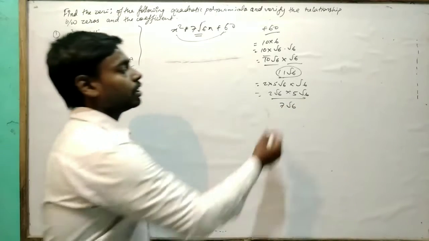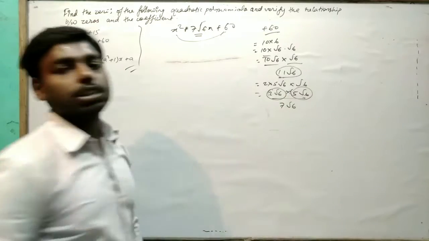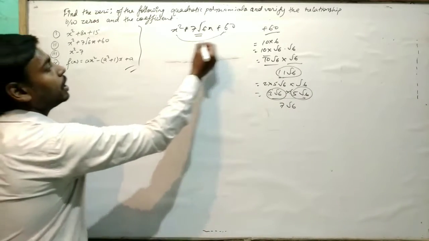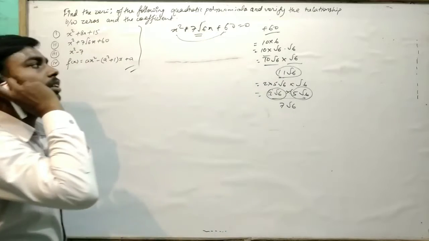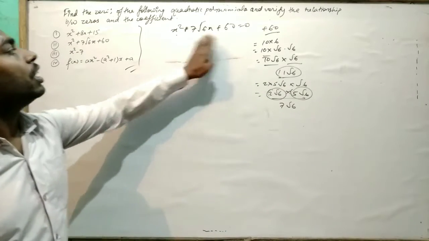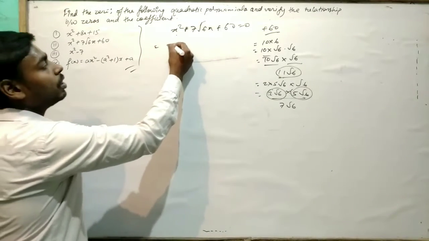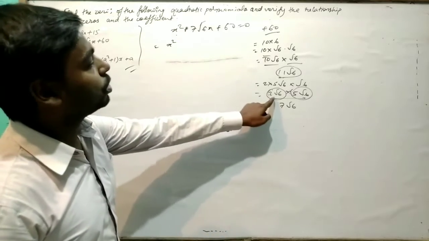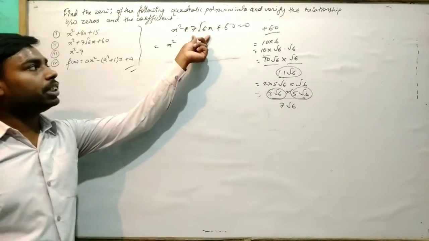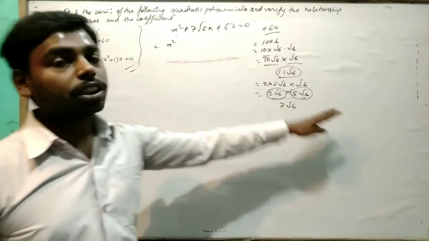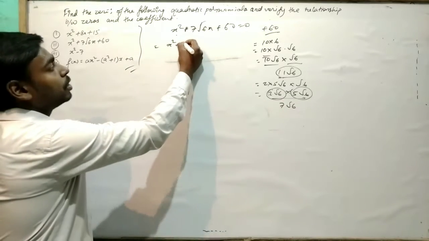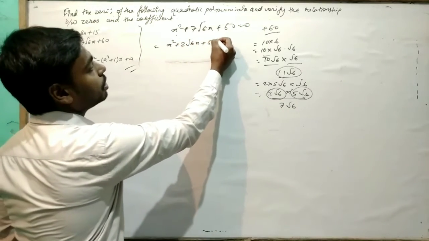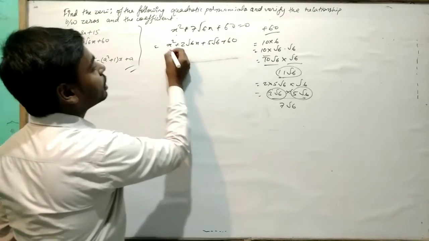Okay, we have the factors 5 root 6 and 2 root 6. Now we can split. First we have to equate to 0. We have to split the term 7 root 6 x as 2 root 6 x plus 5 root 6 x, plus 60.